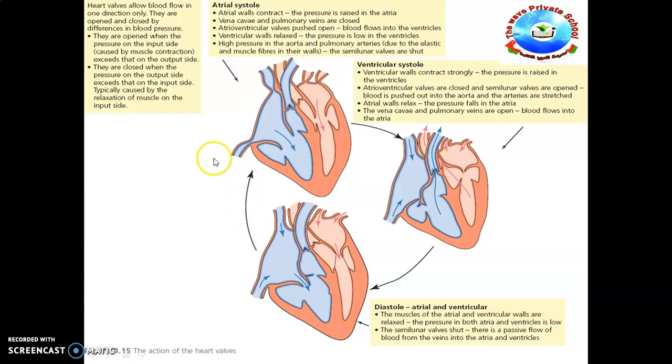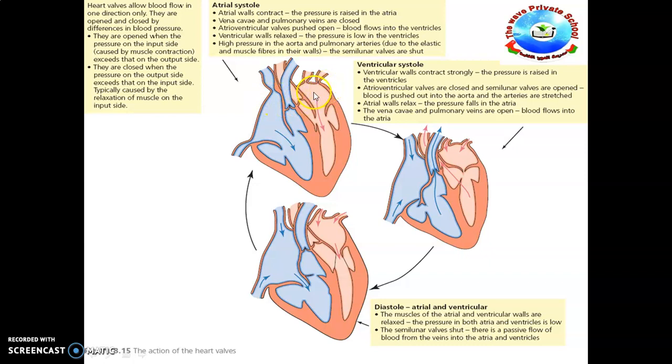Okay, so in the first notes you can see atrial systole, ventricular systole, and then diastole for atrial and ventricular. When the pressure in the atria rises, that means the atrial walls are contracting.